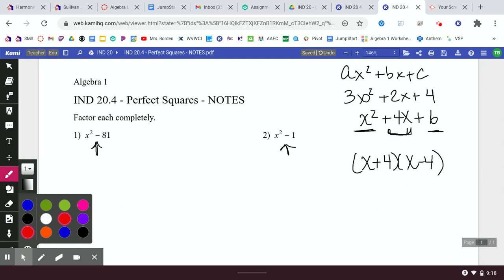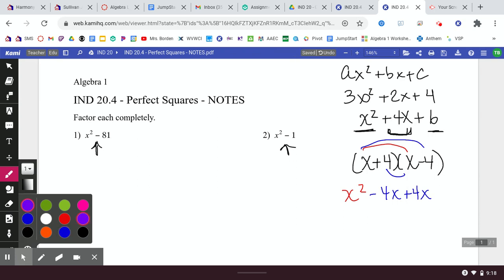And so when we foiled this, if you think back to indicator 18 when we learned about foiling, we did first, which was x squared. We did outer, so x times negative 4 is negative 4x. Then we did inner, 4 times x, which is positive 4x because it's positive 4 and positive x.